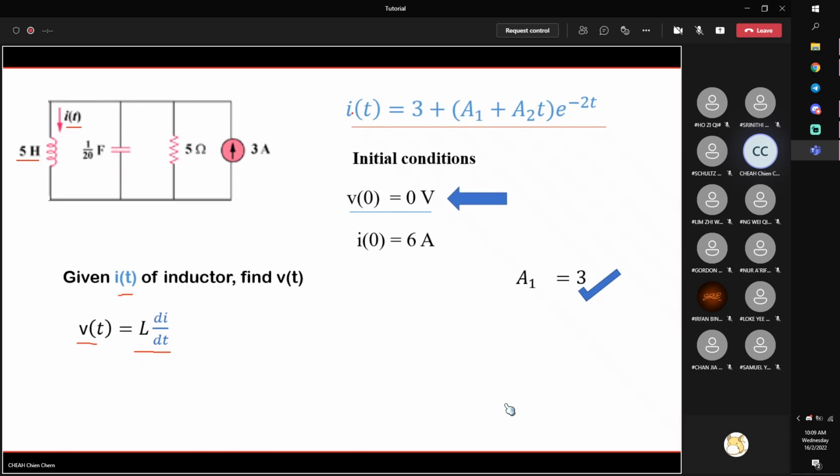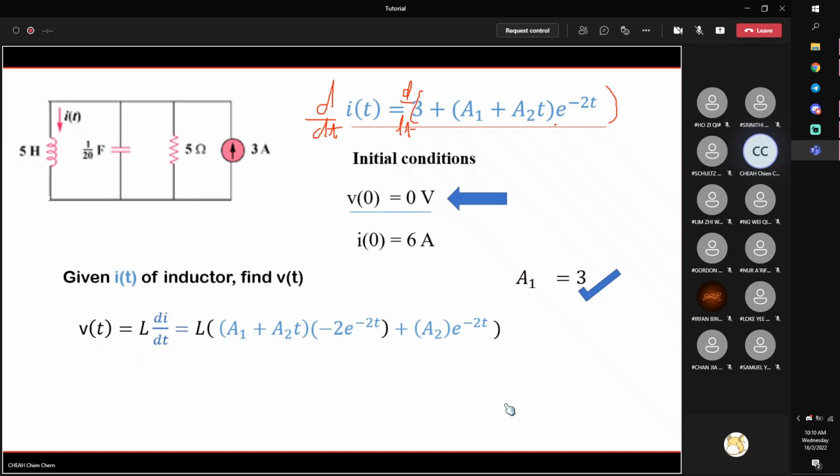Okay, this means that given I, find the voltage, then put t equal to 0. So I put V equal to L di/dt, which means that you have to differentiate this equation with respect to time. Of course, you have to remember how to differentiate this. I show it briefly over here. You can use the product rule.